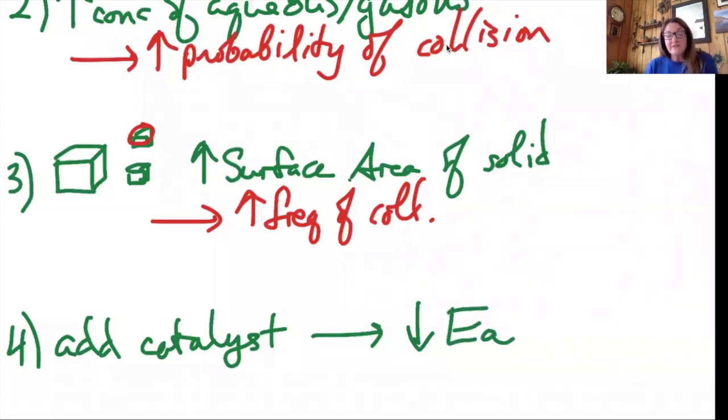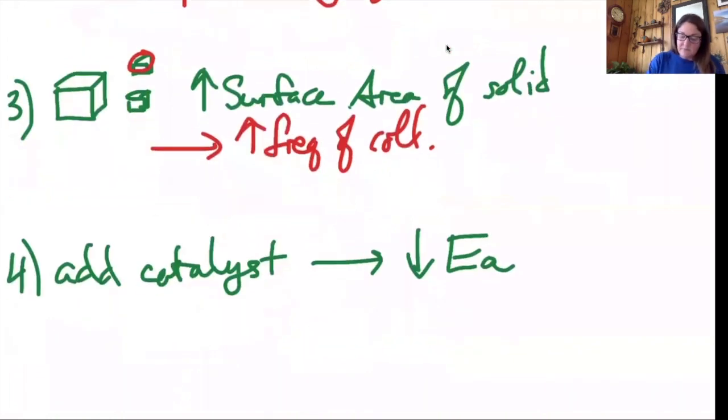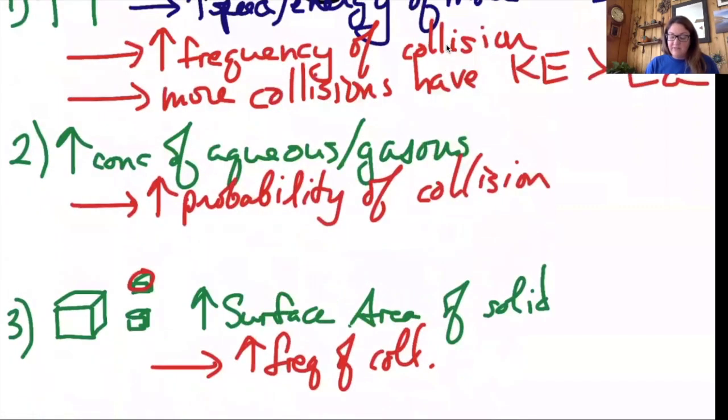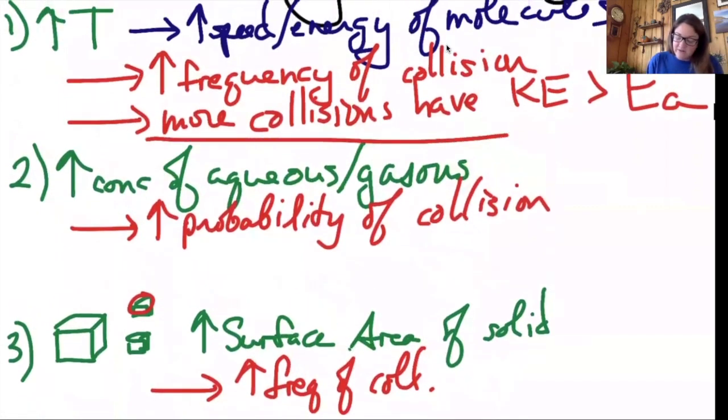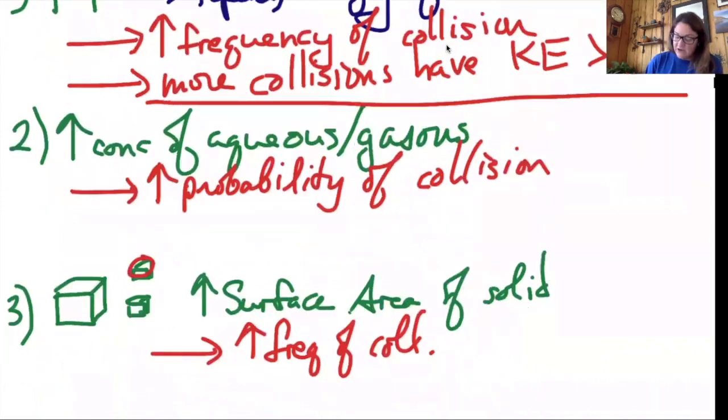If I lower the activation energy, more molecules will have enough energy to react. If you sell something at a cheaper price, more people can buy it. So this has a similar effect to one of the temperature effects, which is that more collisions have a kinetic energy greater than the activation energy. But this is accomplished not by increasing kinetic energy, but by decreasing activation energy.